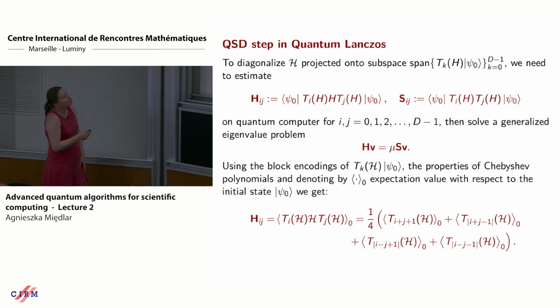Now if I look at the entries of these two small matrices, and that hopefully answers the question of whether we have to have the states available: you will realize that we only have the initial state, and we just have to apply the Chebyshev polynomial to it to get the entries of the matrix.